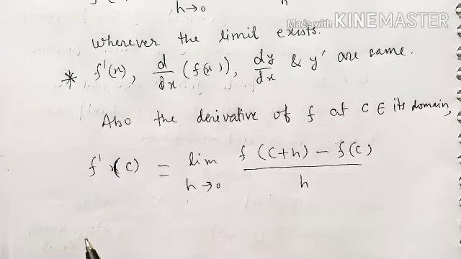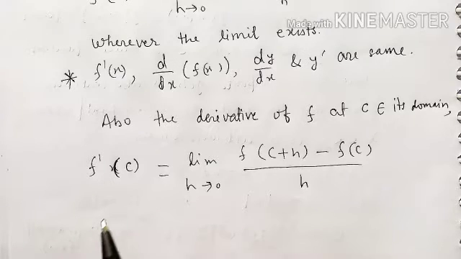u divided by v, whole dash, is equal to u dash v minus v dash u in the numerator, and the denominator has v square, wherever v is not equal to 0. We have also studied the derivative of x to the power n is n x to the power n minus 1.